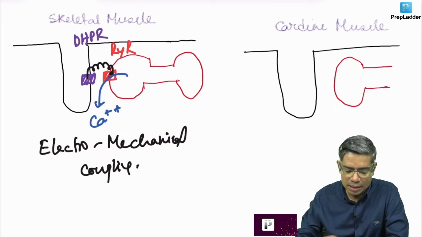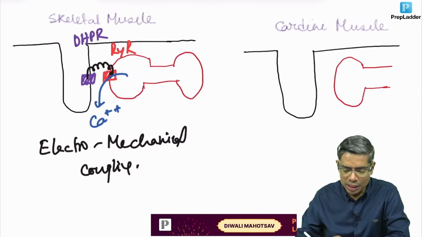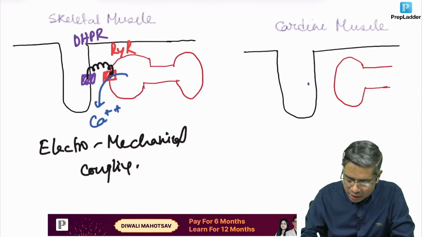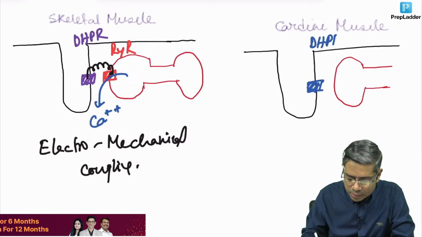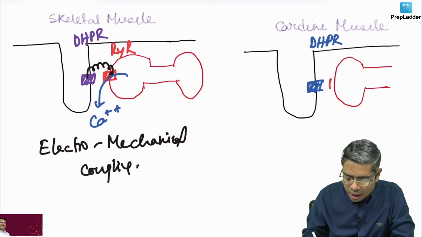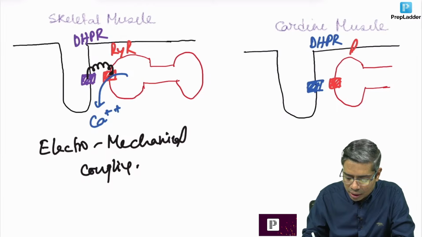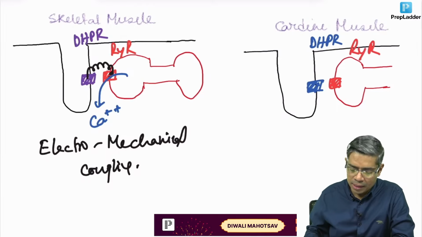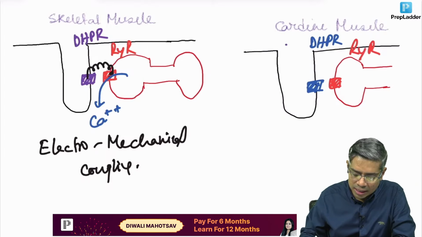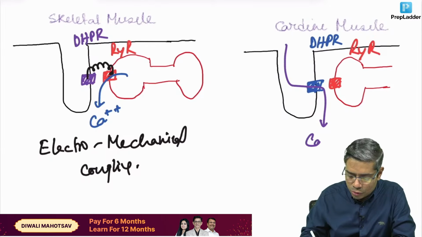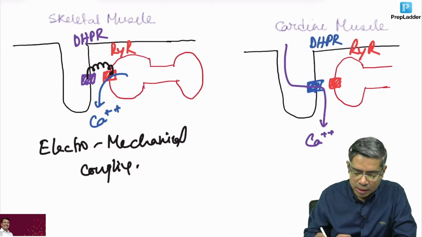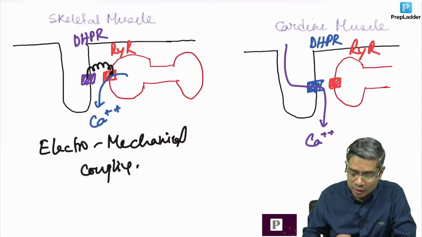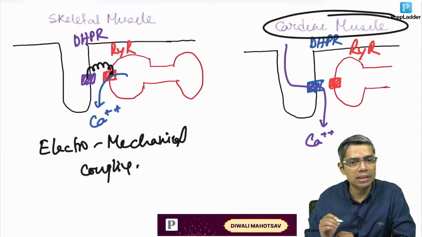But in case of cardiac muscle, first of all, you require these two channels. Obviously both are required: the DHPR channel, that is a voltage gated calcium channel, as well as the RYR channel. But the first important thing is that extracellular calcium has to enter the cytoplasm through the DHPR channel. So the opening of the DHPR channel is required for cardiac muscle, not for skeletal muscle.